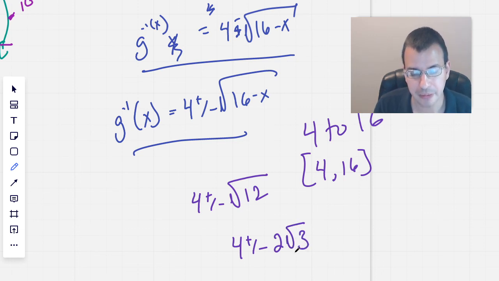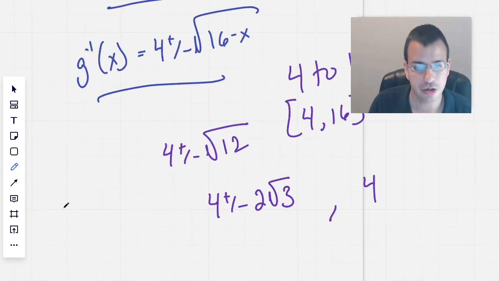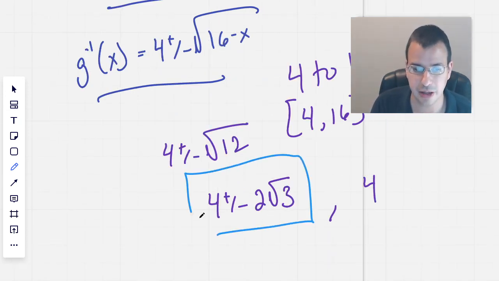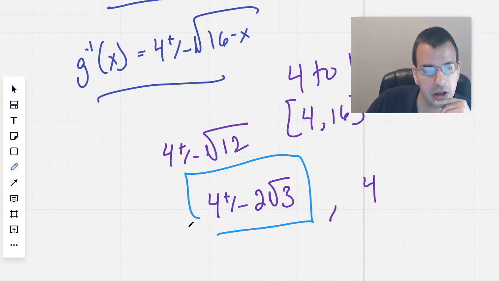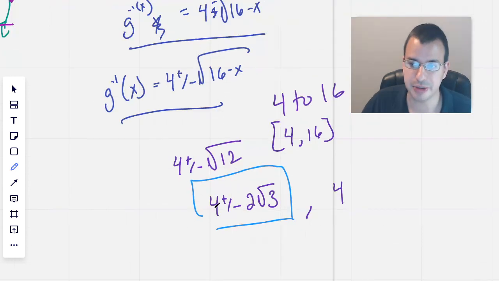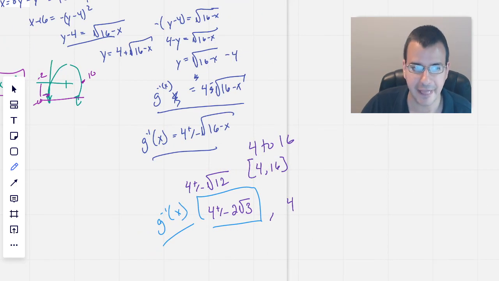That seems reasonable. And then if we plugged in 16, we get 4 plus or minus 0, which would be 4. So since 4 is right in the middle of 4 plus or minus 2 square root of 3, I think the range is what y can be, how far it can go, would be 4 plus or minus 2 square root of 3, and that would be the range of g inverse of x.